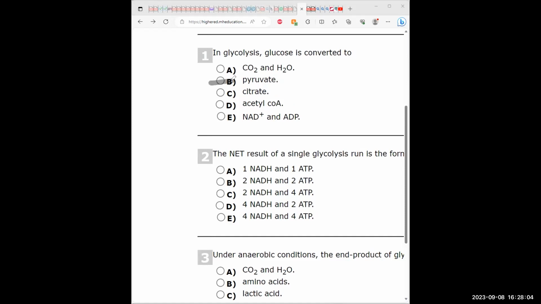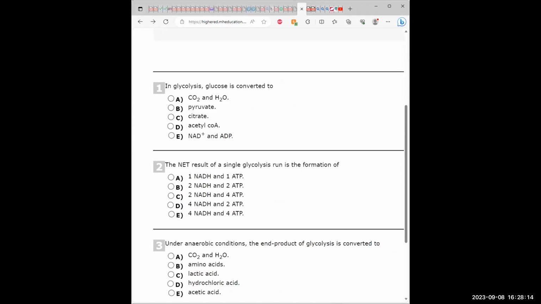The net result of a single glycolysis run is the formation of what? What is the net product of the process of glycolysis? We said 3 products will be formed: pyruvate, ATP, and reduced NAD. So how many reduced NAD and how many ATP will be formed?